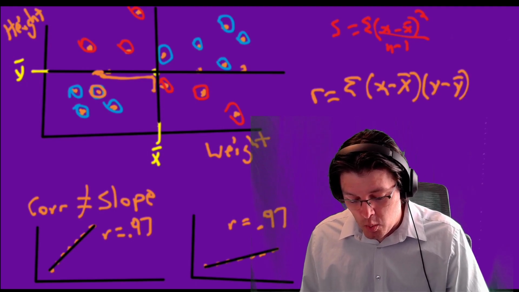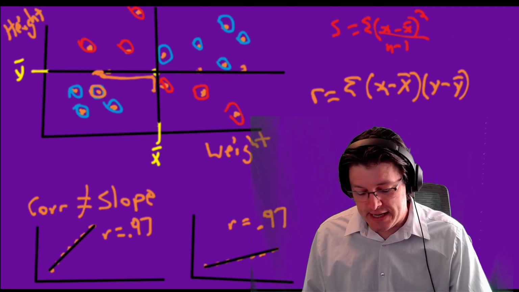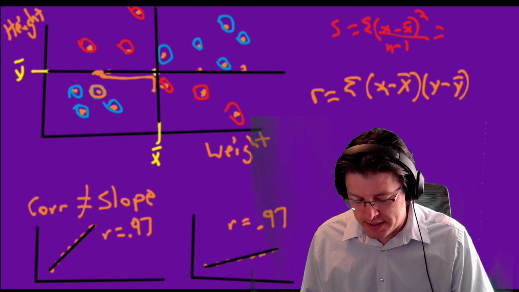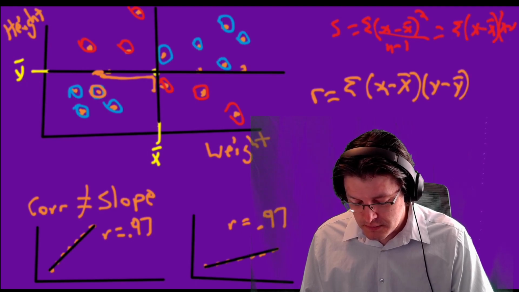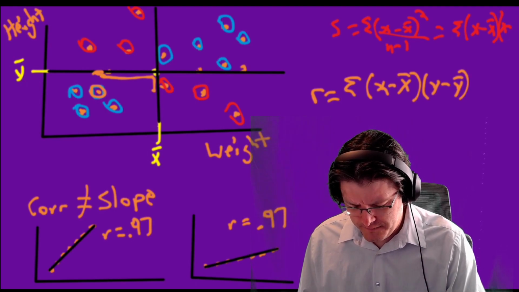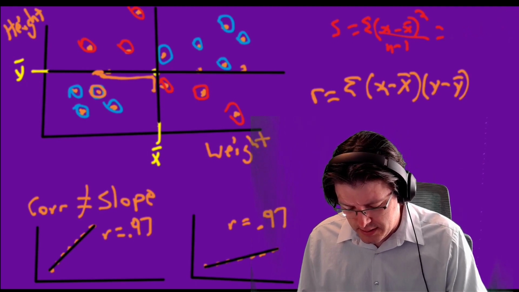In fact, I'm going to go one step further in our standard deviation calculation, and we haven't written it like this, but hopefully it's clear that this is the same. Let me just write that a little cleaner.